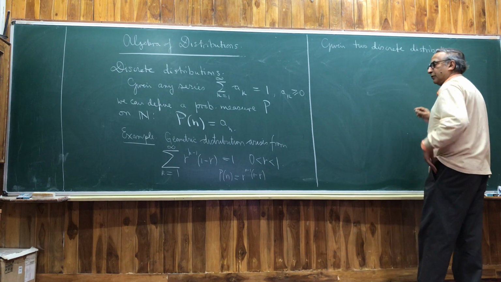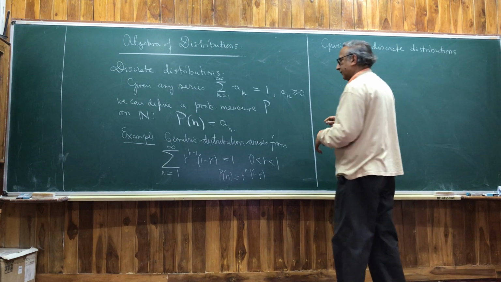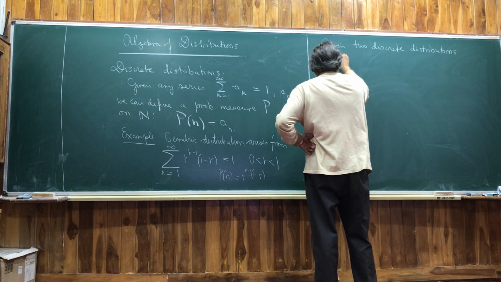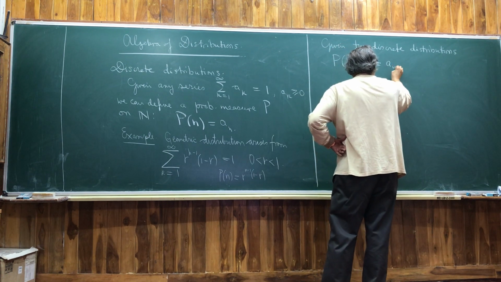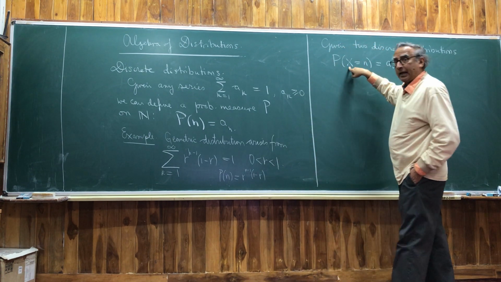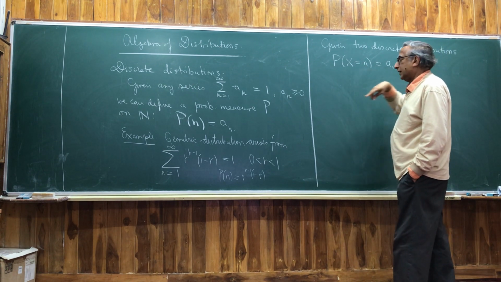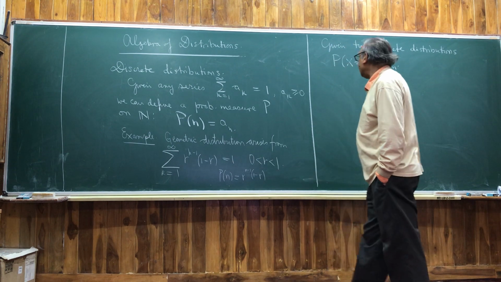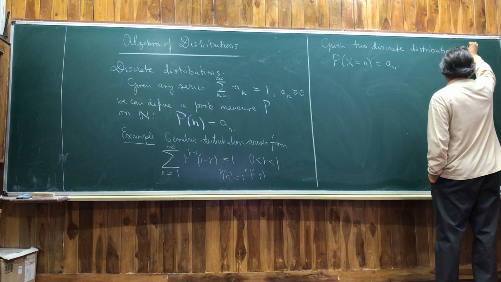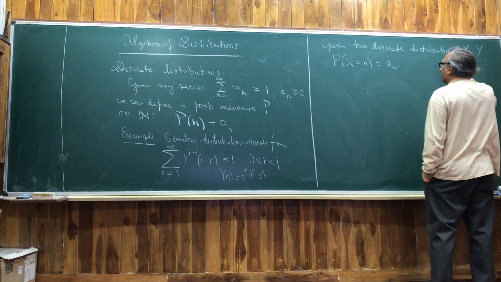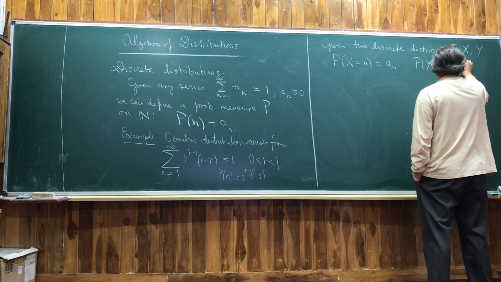in other words, if I take a random variable x, the probability that x equals n is given by a sub n with this property. So given two discrete distributions x and y, the probability of y equals n is say b sub n.